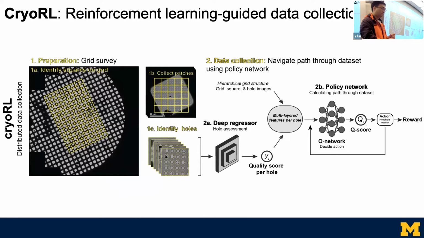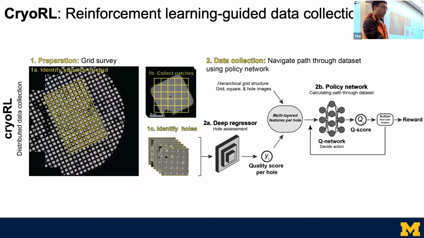So to combine everything together, cryo-RL first uses this distributed data collection, where we want to have a survey across the grid, or at least several squares on this atlas. We collect patches, we identify the holes, and we segment all the hole images. Then based on the different hole images, we run the deep regressor to output a quality score per hole.